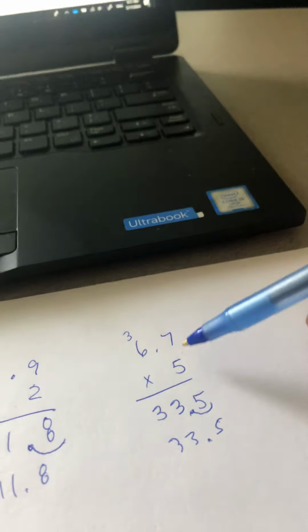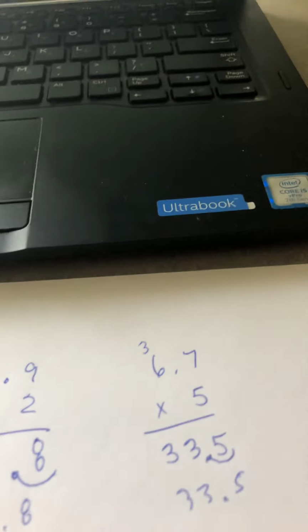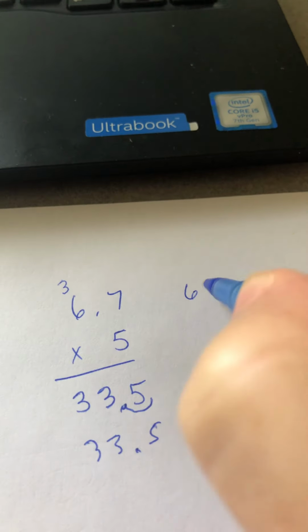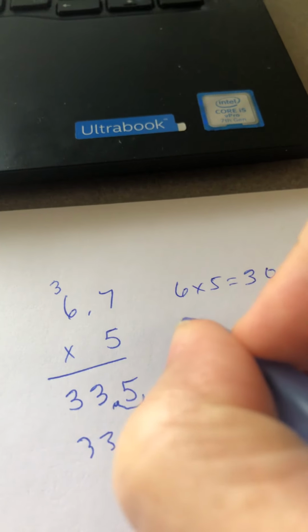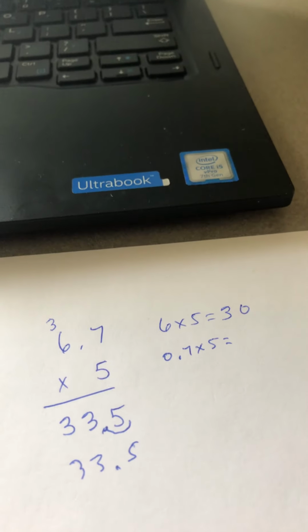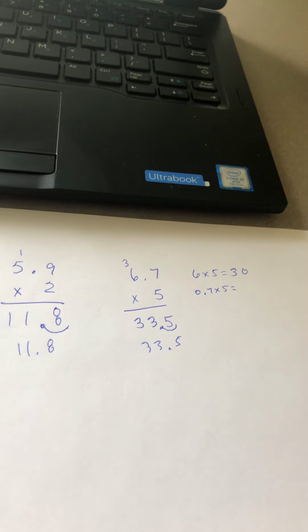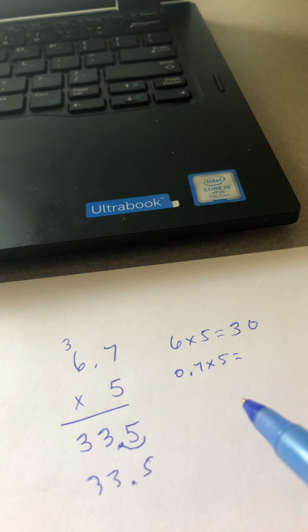Right? And 6 times 5 is 30. Okay? And then 0.7 times 5. You can also think of it that way if you really want to. You could do 6 times 5 equals 30. And then 0.7 times 5 equals what? And then add it on there. Did I make a mistake there?